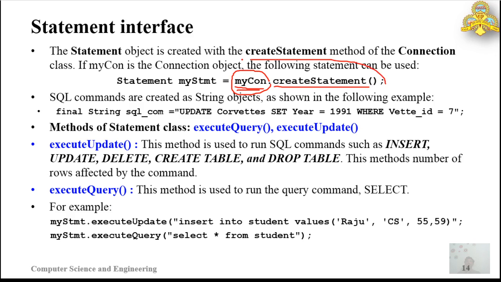This method returns one object, that is a Statement object, and mystmt is the name of that object. We will create the SQL commands like this. Observe here is one SQL command, and we will store that in a SQL string object.